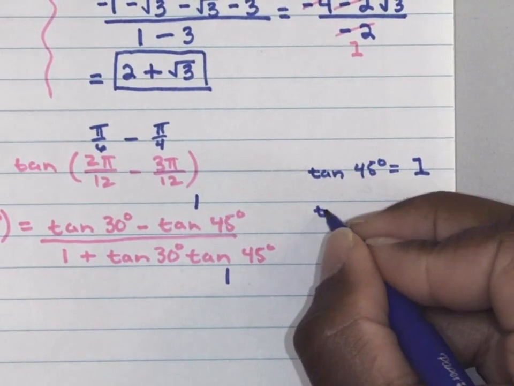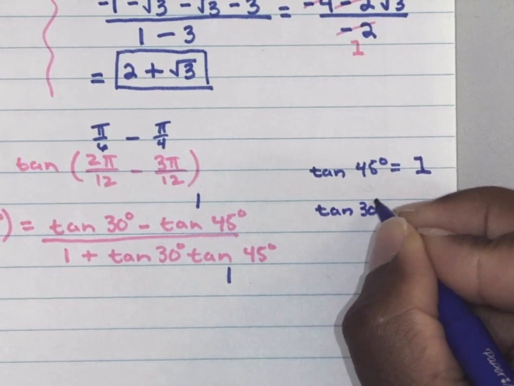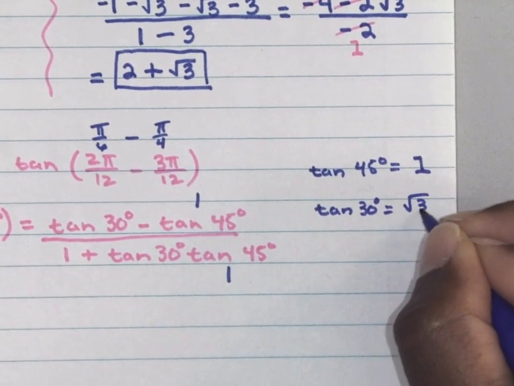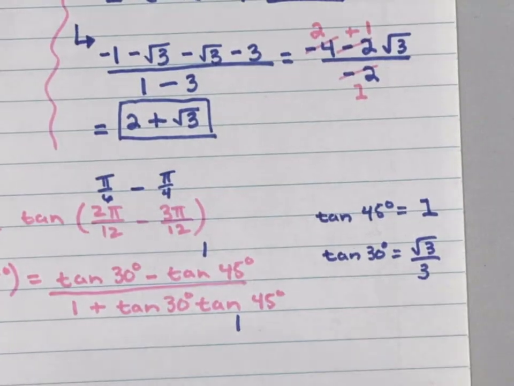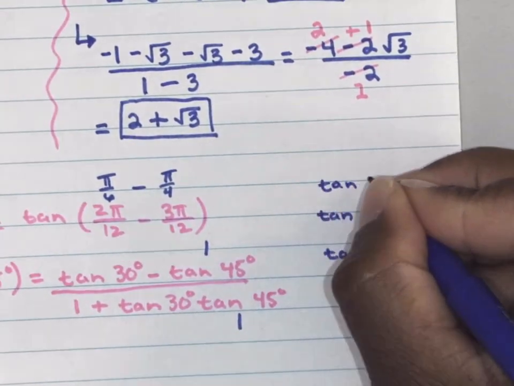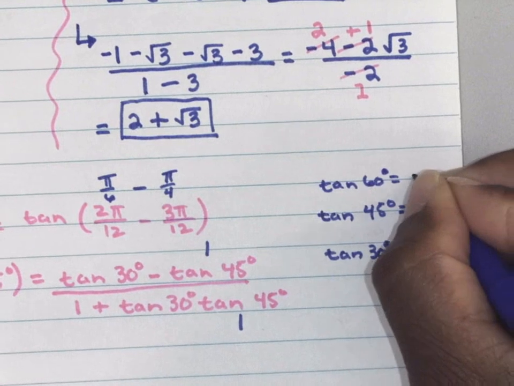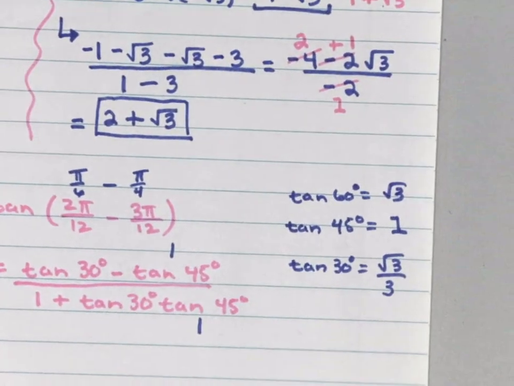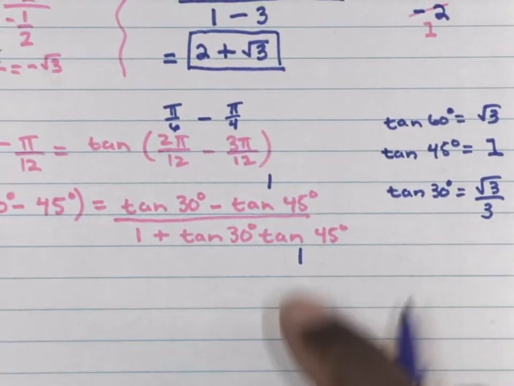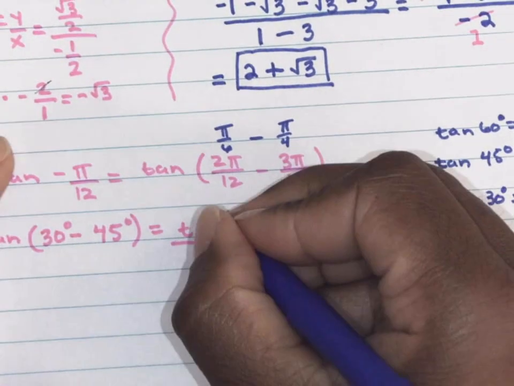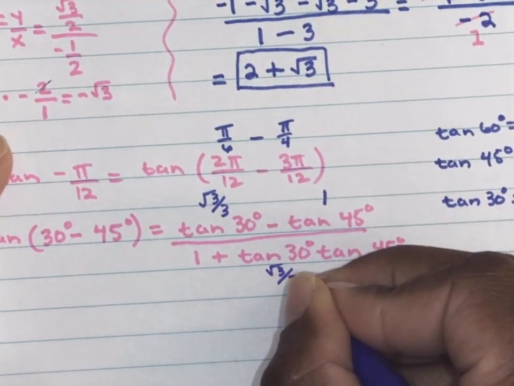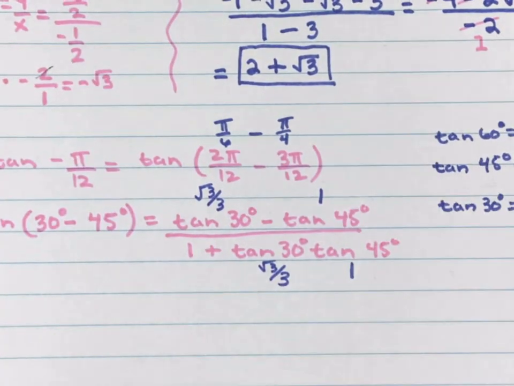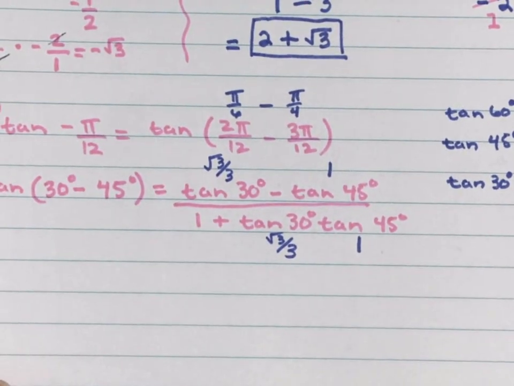Tangent of a 30 will be √3/3. So tangent of a 60, which we did previously, we got just the square root of 3. Okay, so the 30s will be root 3 over 3. All right, let's put these in and clean up our expression.